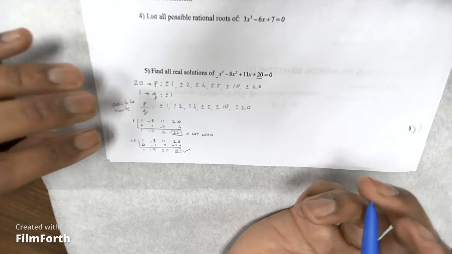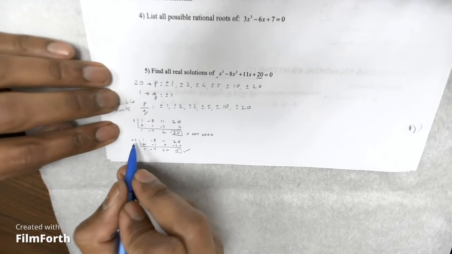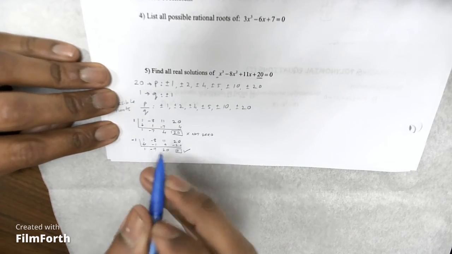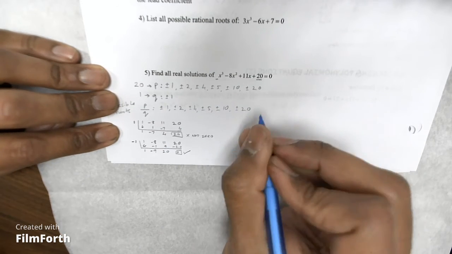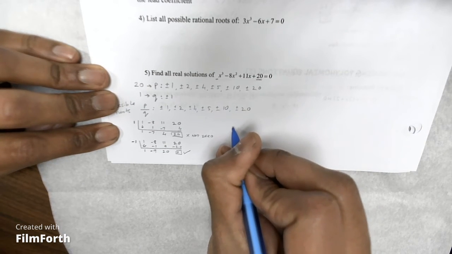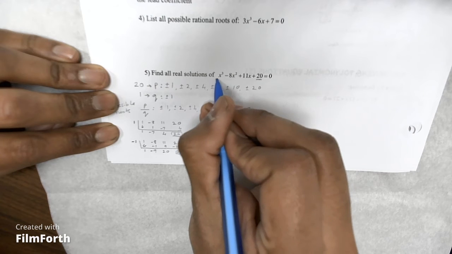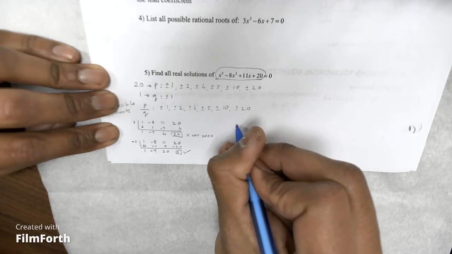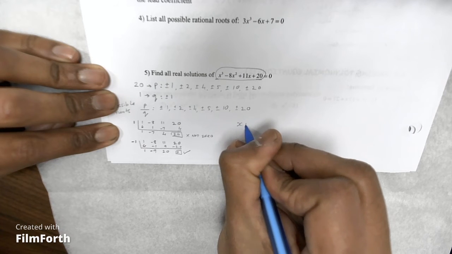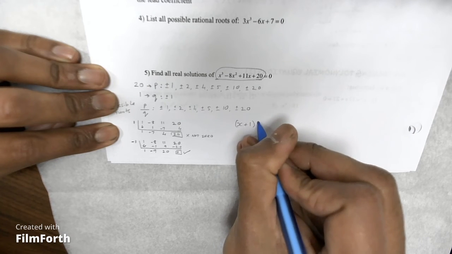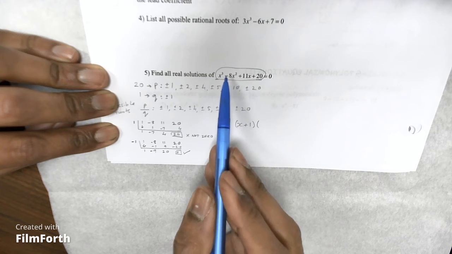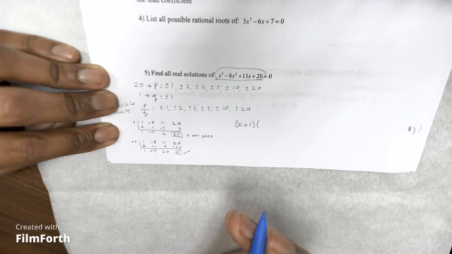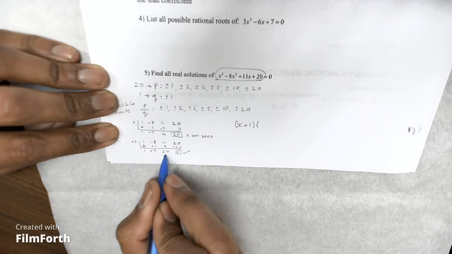it is a factor. What is a factor? Remember, the factor is x minus that number. So what do we know? I can rewrite this whole function as x plus 1, so I'm breaking down the function into bite-sized chunks. So x plus 1 is one of the factors. The other factor is the quotient.